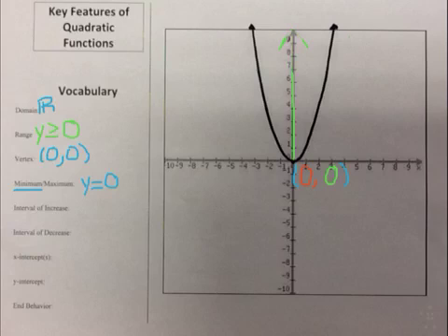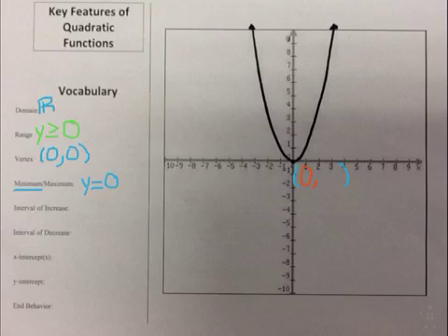The next portion seems to cause us some problems, interval of increase and decrease. I'm going to demonstrate it this way. I'm going to use the x coordinate of the vertex to help me with intervals of increase and decrease. So here we go.